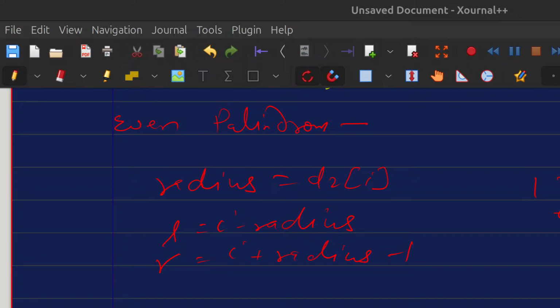Okay, if i is greater than R, then k will be 1. Okay, radius will be 1, right? Else radius will be what? Minimum of this.